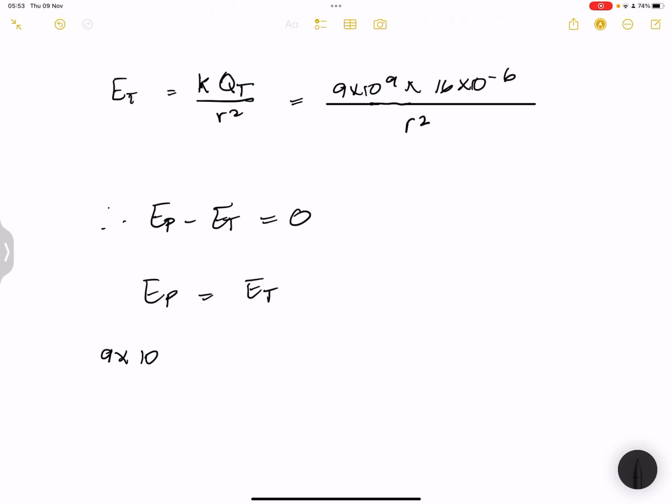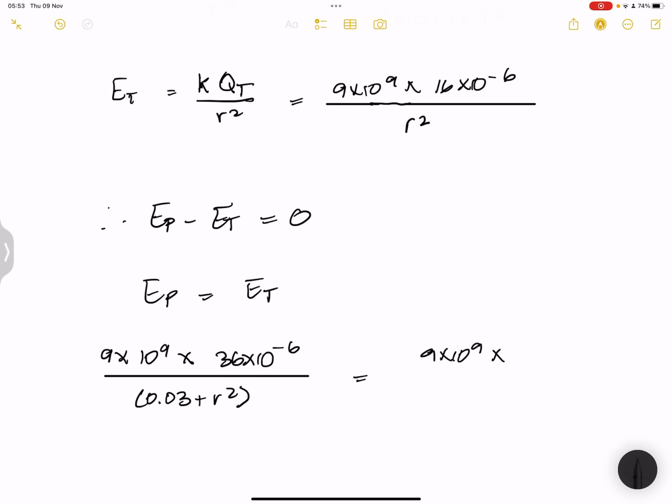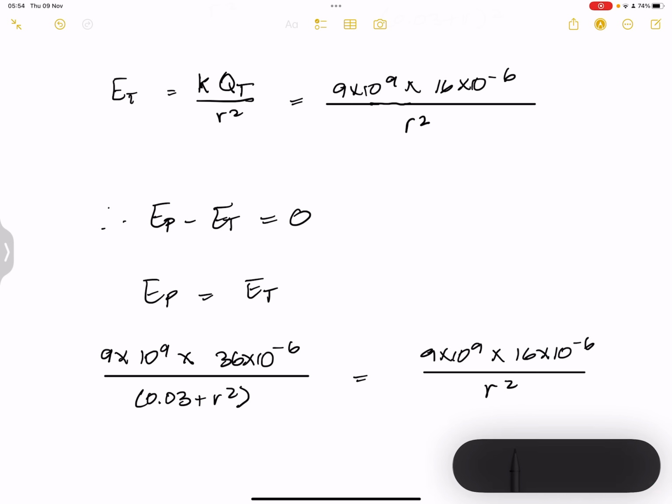9 exponent 9 multiplied by 36 times 10 minus 6 over 0.03 plus R squared. And this would be equal to exactly the same, 9 exponent 9 multiplied by 16 times 10 minus 6 divided by R squared. Now, ladies and gents, let's get rid of what we can here.